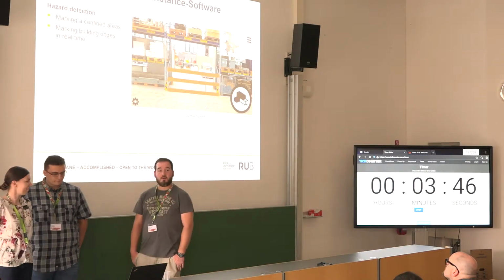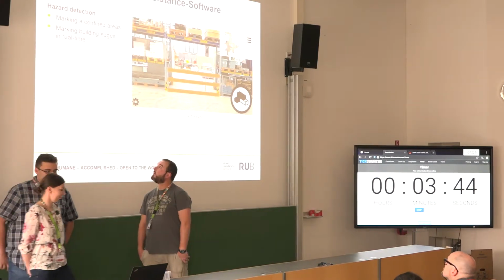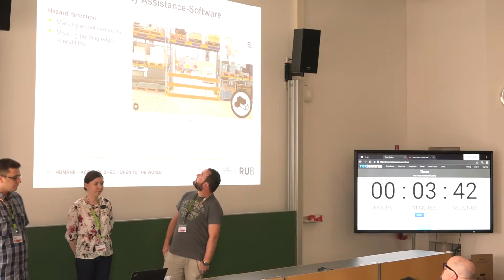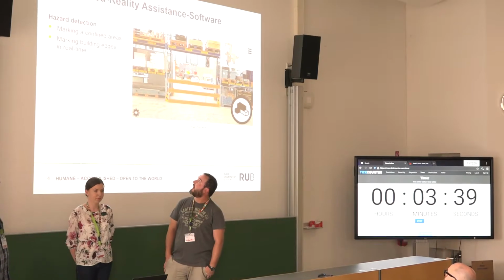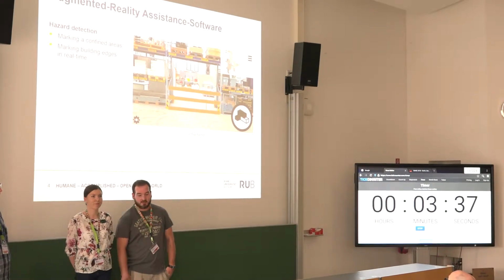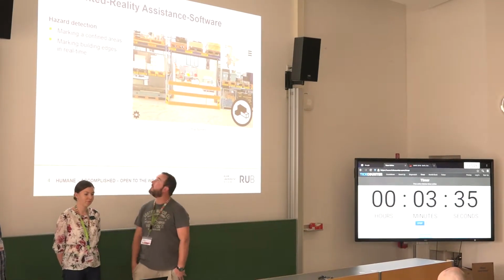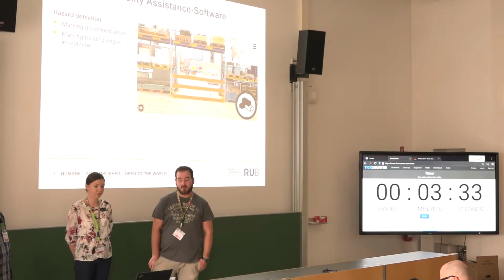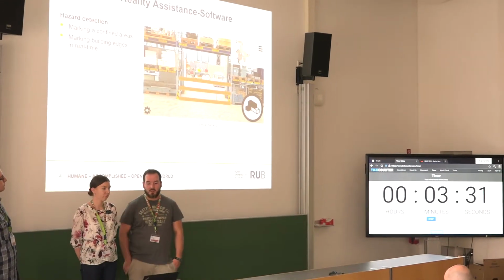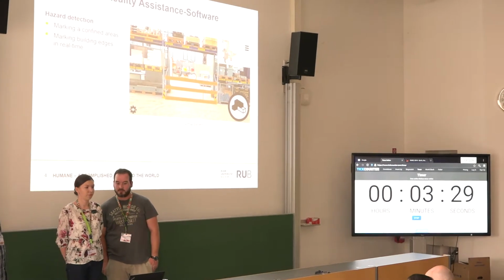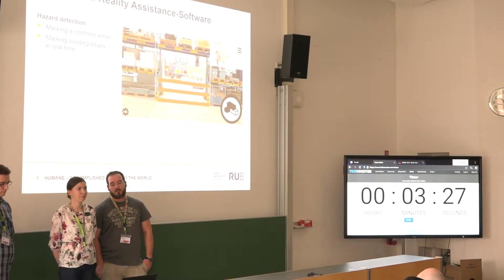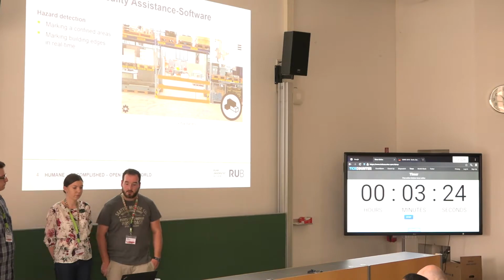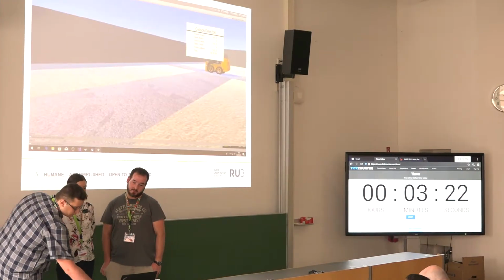To make the deployment on construction sites safer and more productive, we have developed a little app with which we can detect sites where you can fall off or where you have building edges in buildings, and we can deploy them in real time to Unity, and then show them on our construction site.